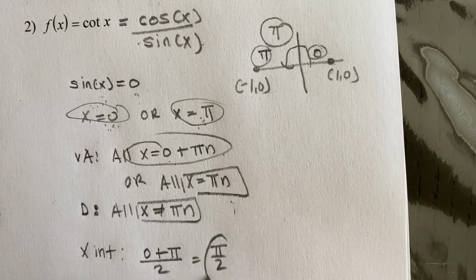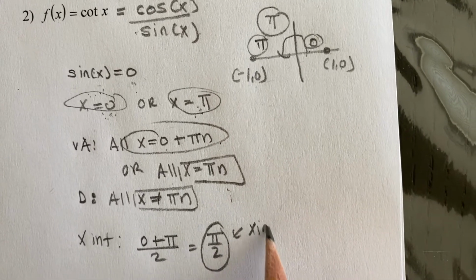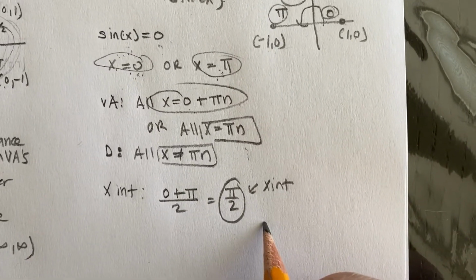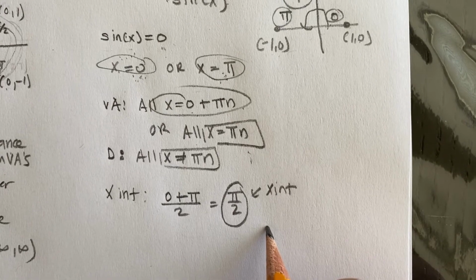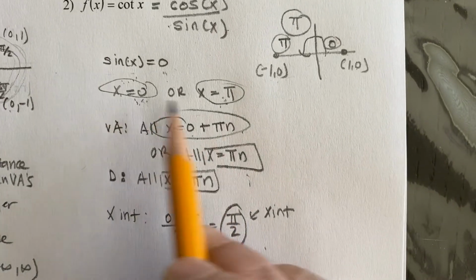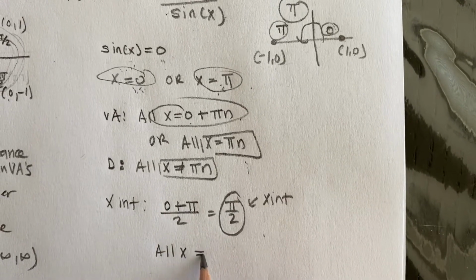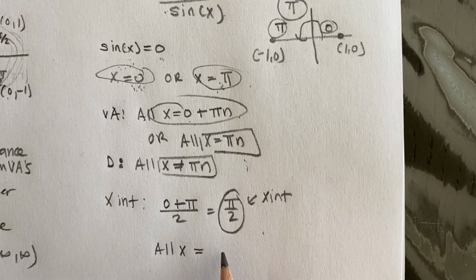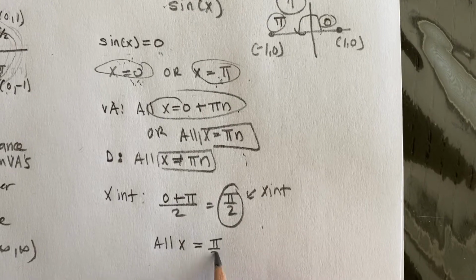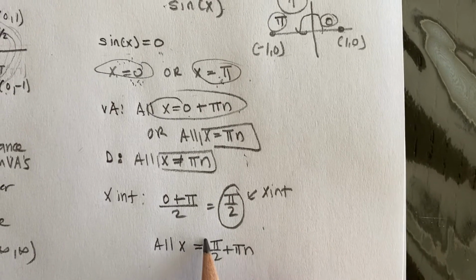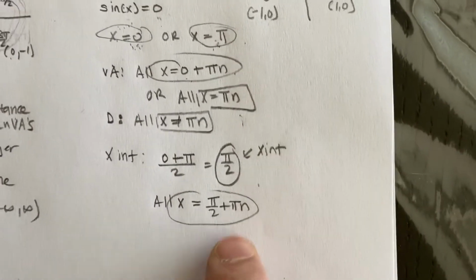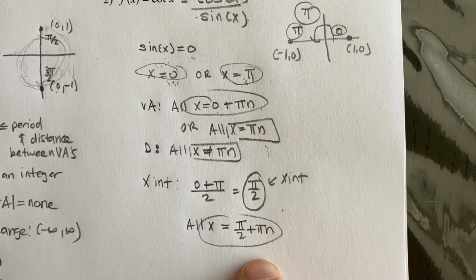And so your first x-intercept is pi over 2. And the period, which we calculated, the distance between the two VAs, is just pi. You can say all x is equal to pi over 2 plus pi n. Okay, we'll verify that on the graph a little bit later on.